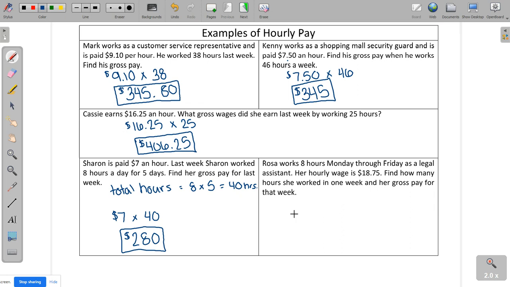Okay, let's check the next one. Rosa works 8 hours Monday through Friday as a legal assistant. Her hourly wage is $18.75. Find how many hours she worked in 1 week and her gross pay for that week. So we first need to figure out her total hours she worked.